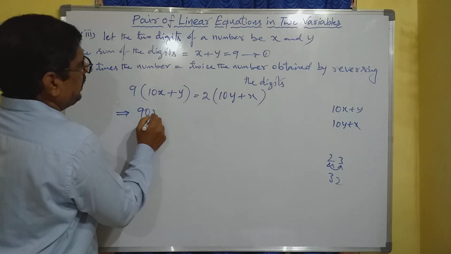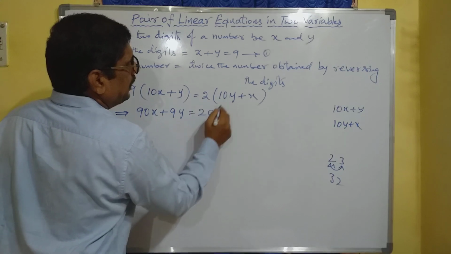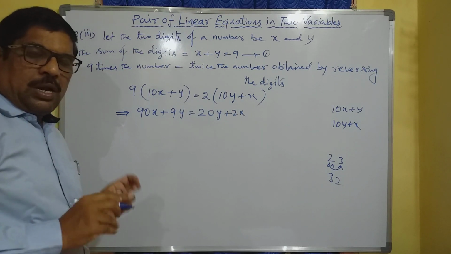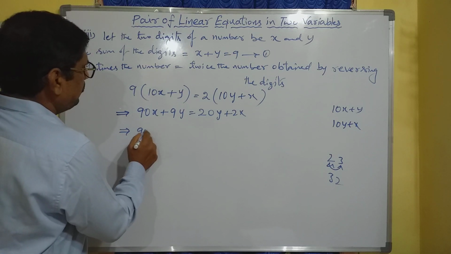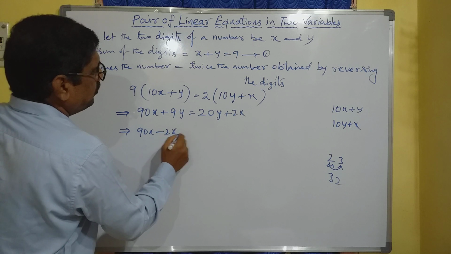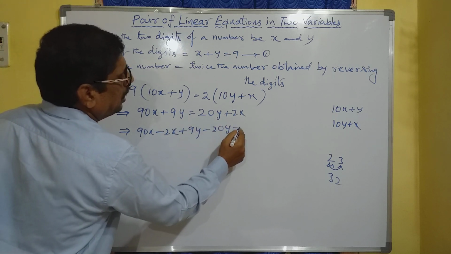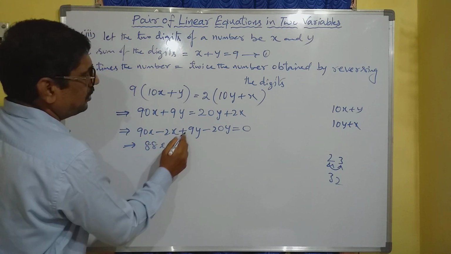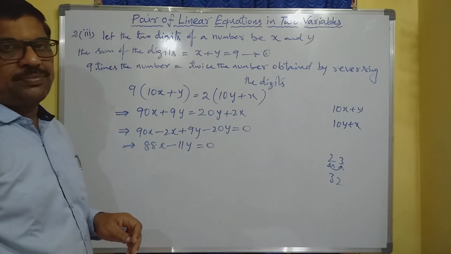Now let us simplify this. 9 into 10 is 90x, 9 into y is 9y, 2 into 10 is 20y plus 2 into x is 2x. Let us take all terms to the LHS. Then we get 90x minus 2x, 9y minus 20y. We get 90 minus 2, 88x, 9 minus 20, that is minus 11y is equal to 0.